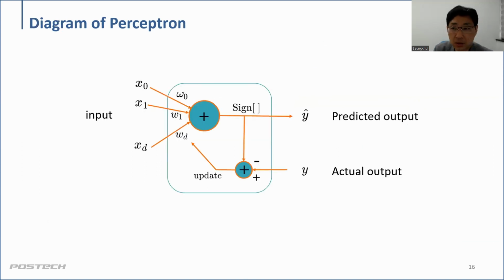Another way that we can represent the perceptron is this diagram of the perceptron. We have X and Y. We're going to have multiple data points as a training data set. Those are given.